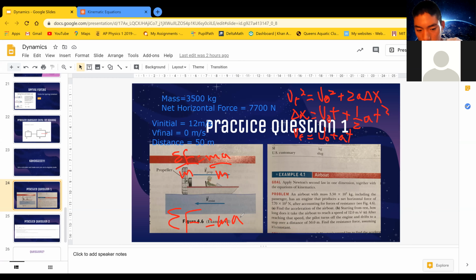So we substitute Fr equals ma. We know our acceleration and we know our mass, so you just multiply it together and you find your resistance force. Just plug that into your calculator and then I'll double check if it's correct. And I think that'll be it.